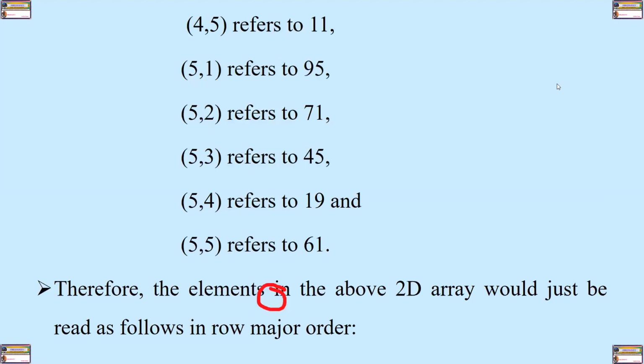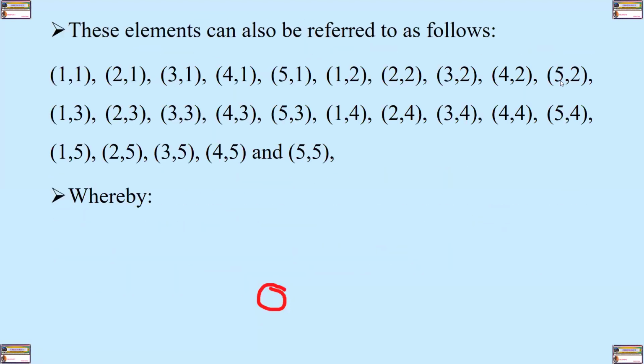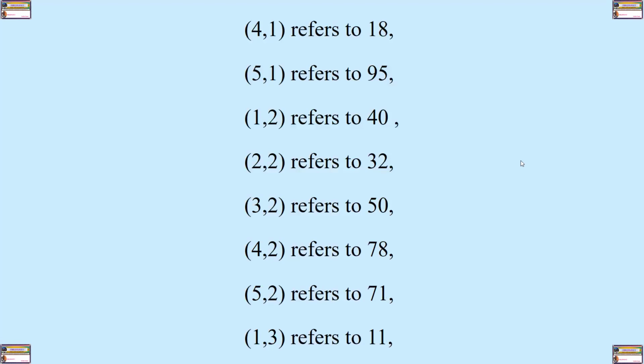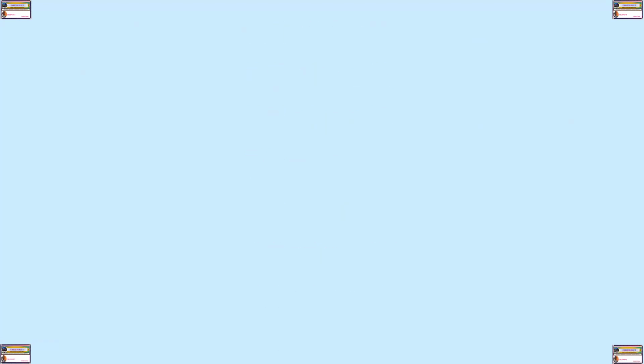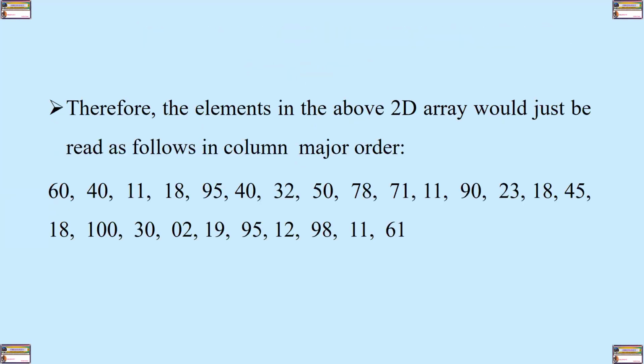So, having known how we identify our elements using row major, column major, using R and C, and also having known how we use the subscripts, then if we are to read those elements directly using column major, we'll just read them as 60, 40, 11, 18, 95, 40, 32, 50, 78, 71, 11, 90, 23, 18, 45, just continuously in that order.